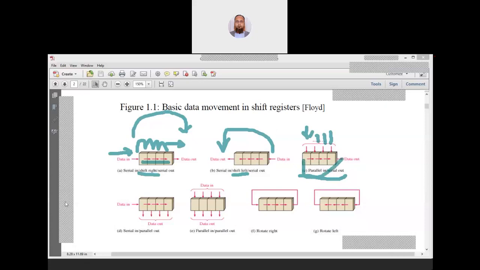We are not taking data outside directly. Rather, we are moving the data from one to second, second to third, third to fourth, and then it is coming out. So this is simple parallel in and serial out. This is very simple. Only by this block, if you replace this block by a flip-flop, this will become a register.